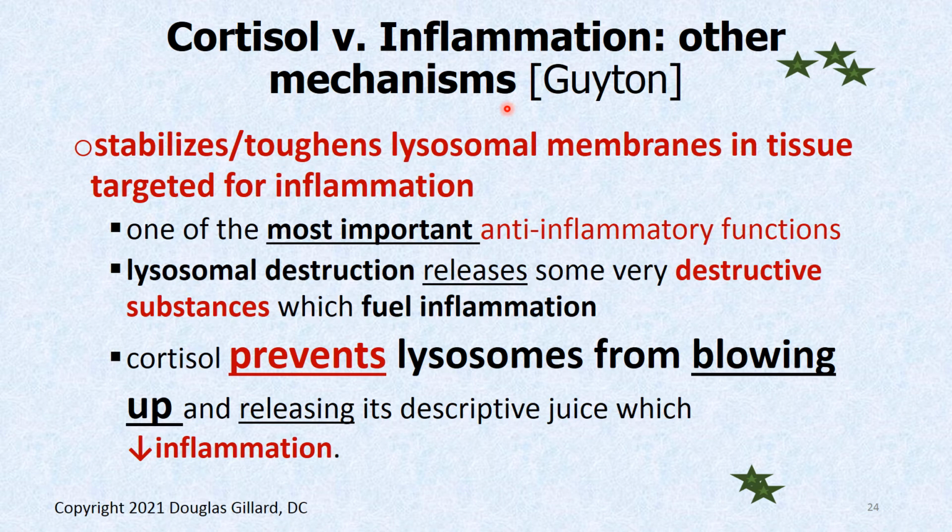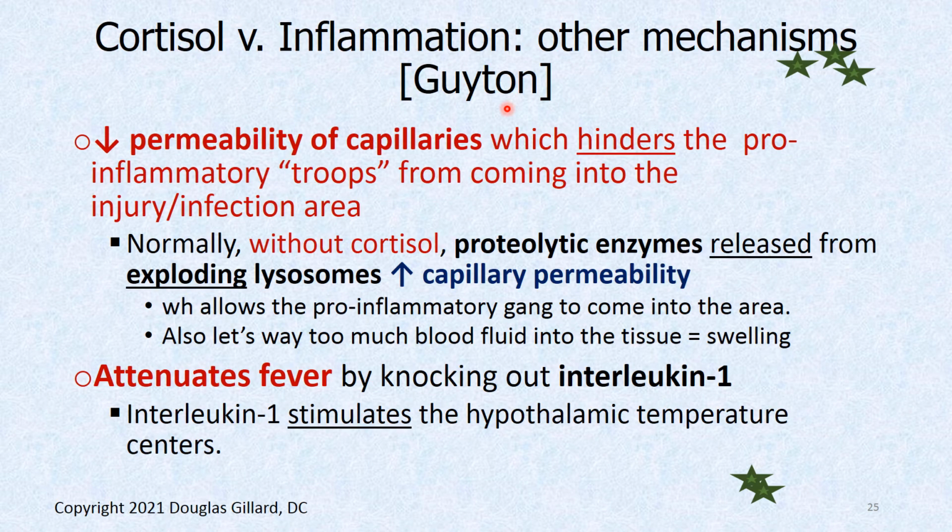It also prevents the lysosome from blowing up and releasing its juice. What else does it do? Capillary permeability is very important in the inflammation cycle. If you want monocytes to come into the interstitium to fight a bug that's invading, you have to open up the capillary permeability so those monocytes, for example, can get out of the blood and into the tissue to fight.